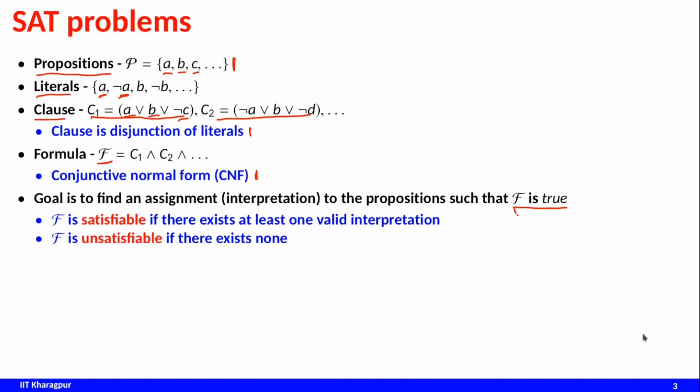But if we describe the formula in disjunctive normal form, something like (a and b and c) or (not a, not b, c), that is the more familiar form that we usually see.